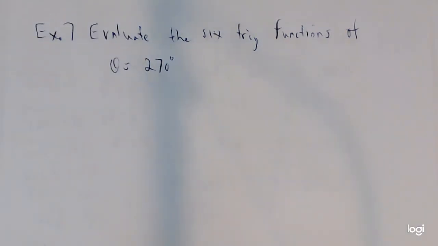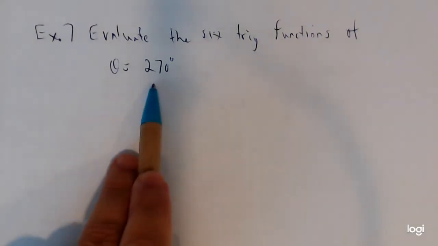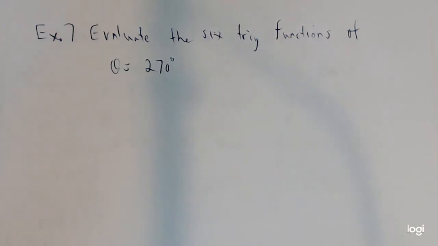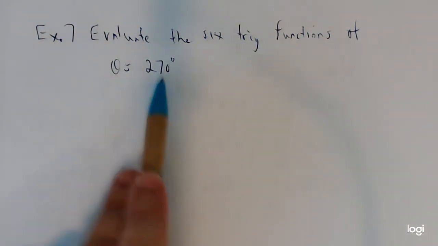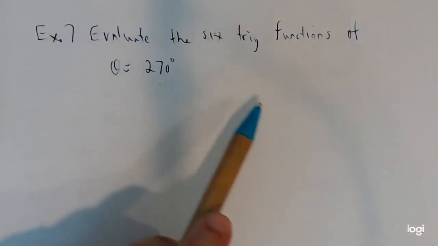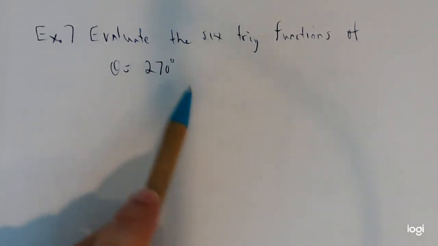of theta equals 270 degrees. Okay, so in this case now, we've been given the angle, whereas if you look at the examples before this, we were never given the angle. We were just given the exact value where we could identify the x, y, and r just by looking at it.